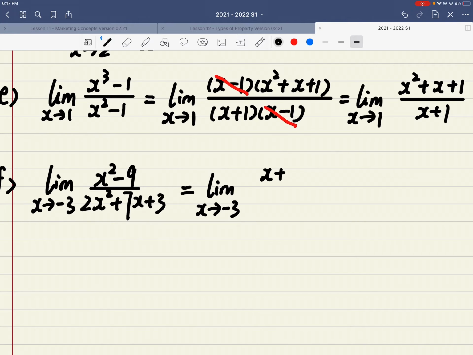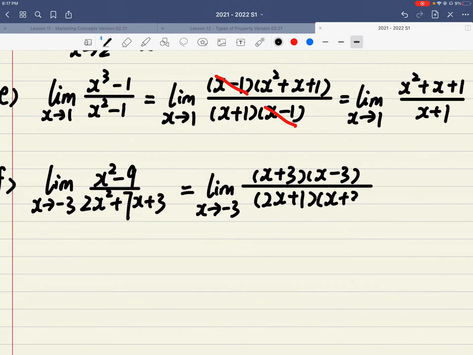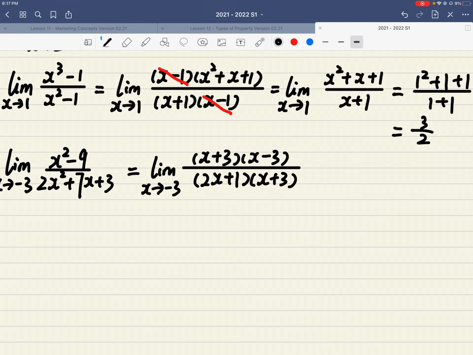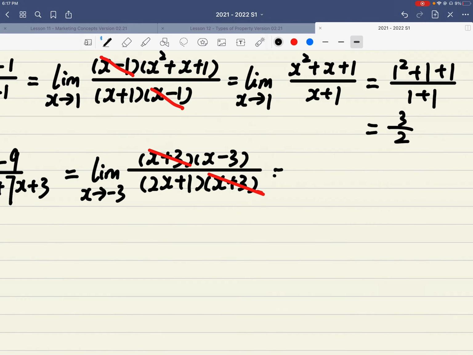you can write the top as x plus 3 times x minus 3. And the bottom is 2x plus 1 times x plus 3. So here, the top and the bottom share a factor and they cancel out.